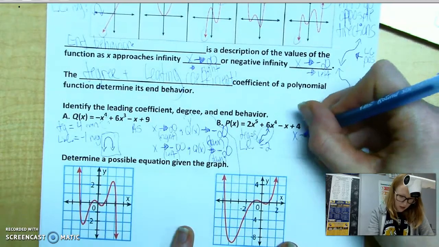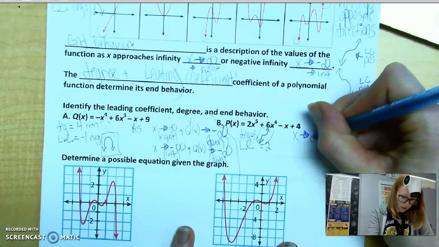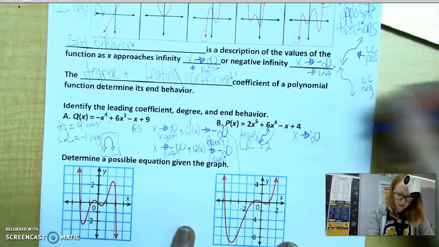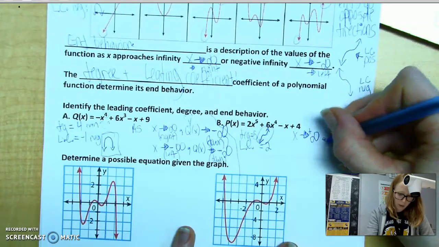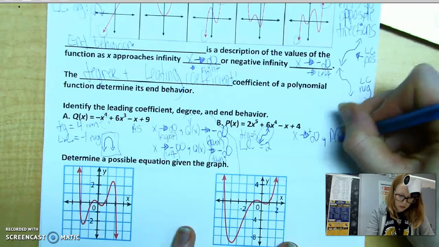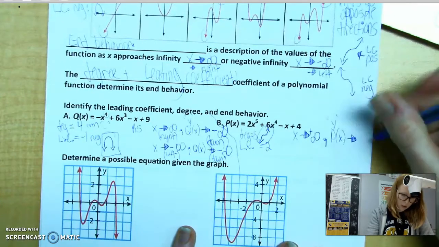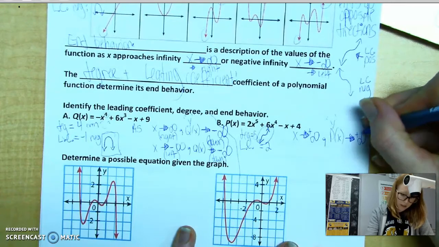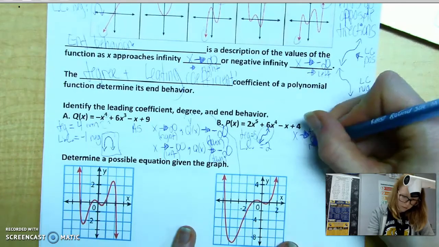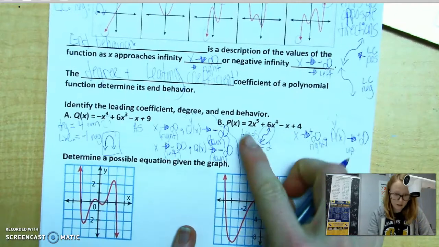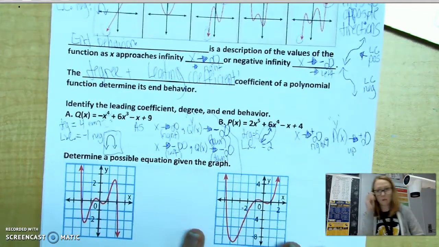So if we talk about end behavior as I go to the right towards positive infinity, my y value, which is the same as p of x in function notation, is going to be going also towards positive infinity because it's going up. So as I look to the right side of the graph, my arrow is pointing up.